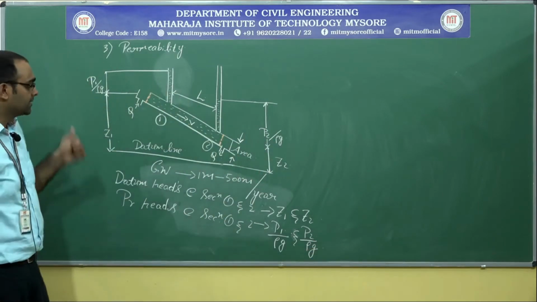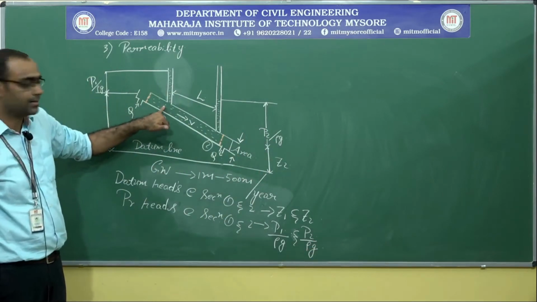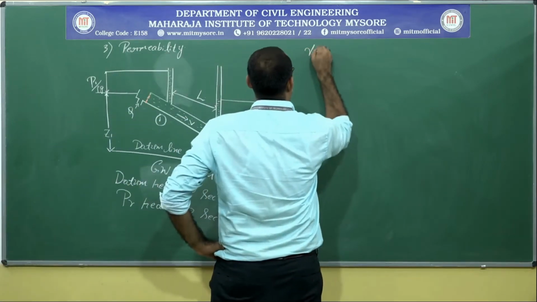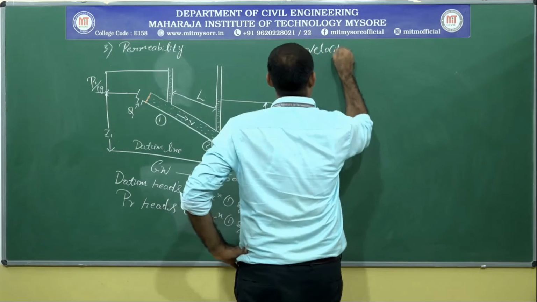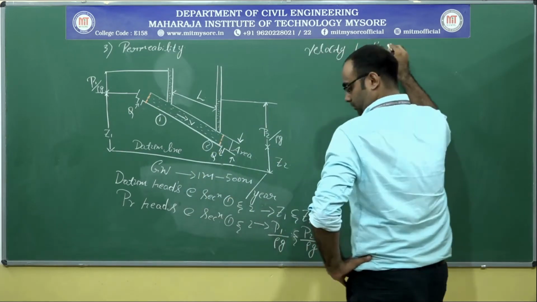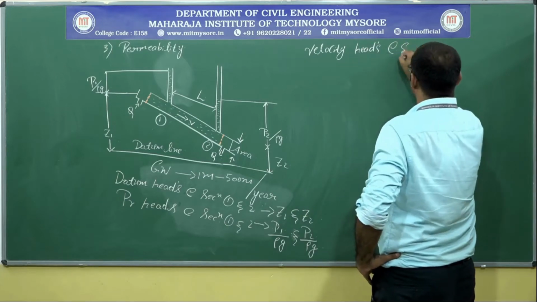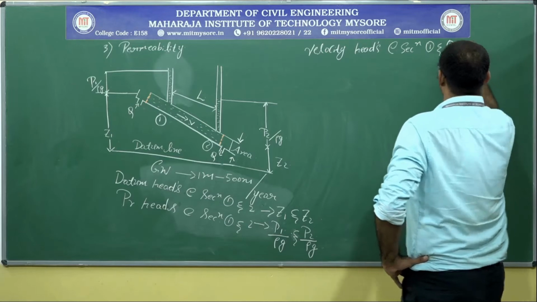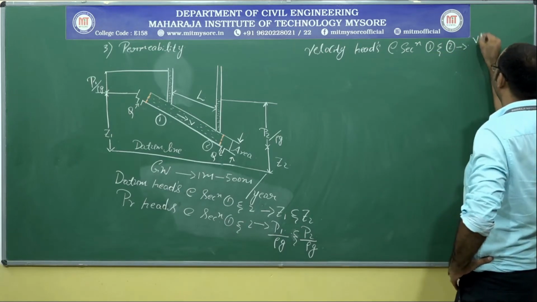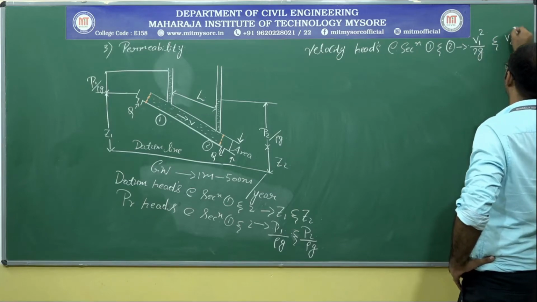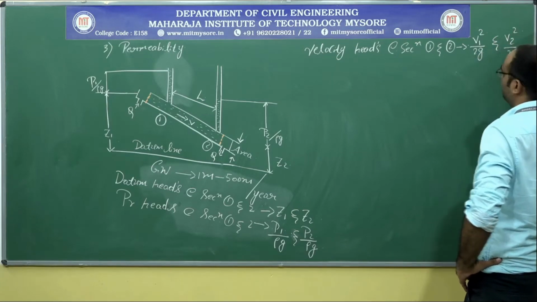The next comes, what is the velocity head at section 1 and section 2? The velocity heads at sections 1 and 2 are represented as V1 square by 2g and V2 square by 2g.